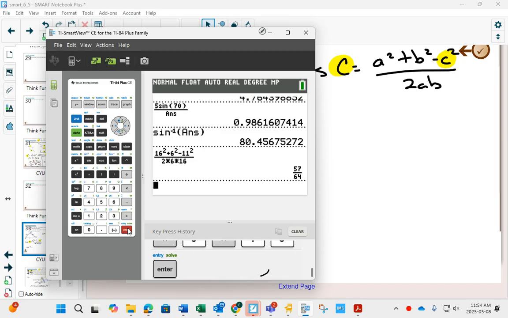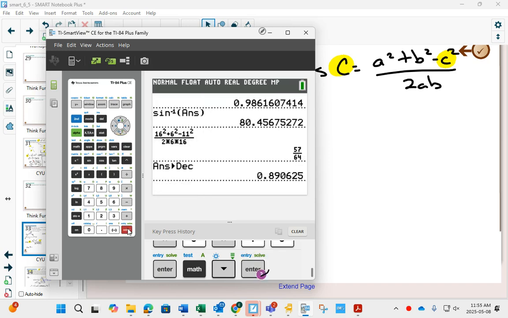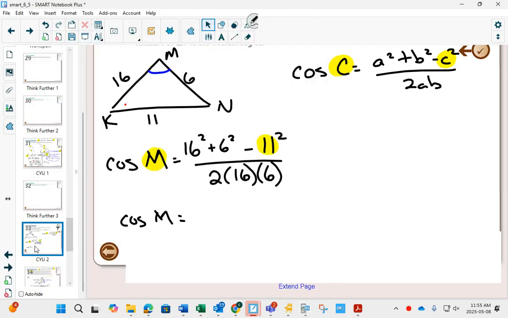And push enter. And I get 57 over 64. If you have it set up to go as a decimal, 0.890625. Awesome.